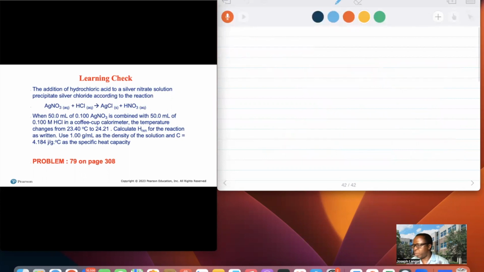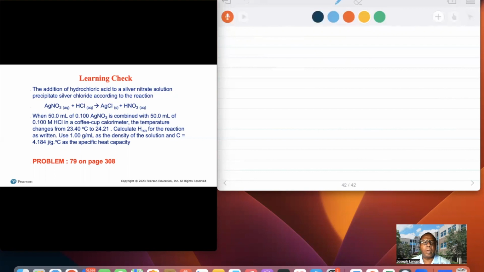Now, moving forward, precipitation reaction. The addition of hydrochloric acid to silver nitrate solution precipitates silver chloride according to the following reaction. The mole ratio is 1:1. When 50 mL of 0.100 M silver nitrate is combined with 50 mL of 0.100 M HCl in a coffee cup calorimeter, the temperature changes from 23.40 degrees Celsius to 24.21.